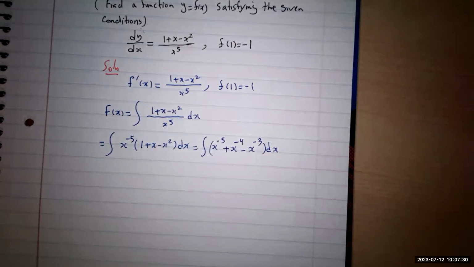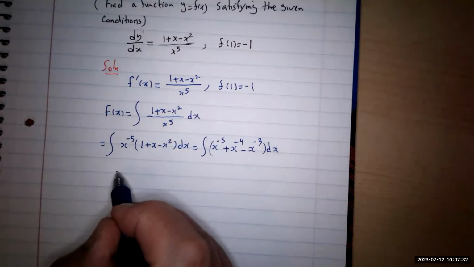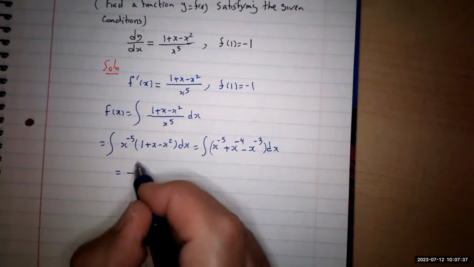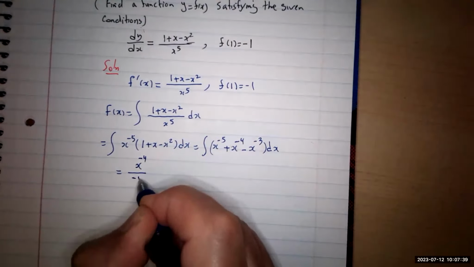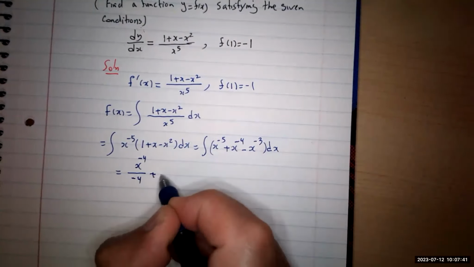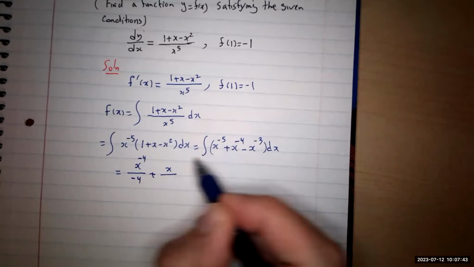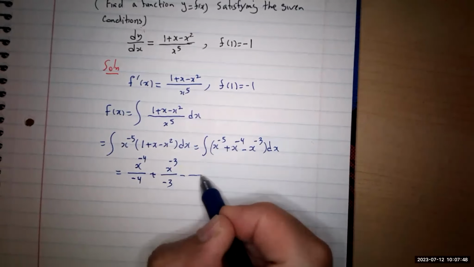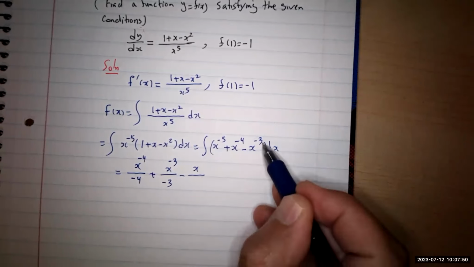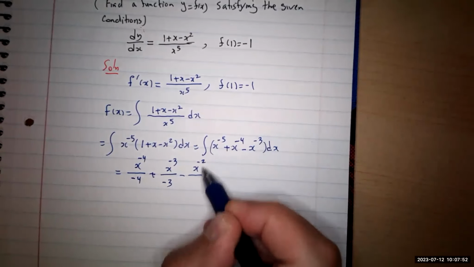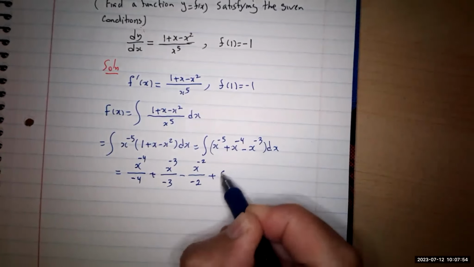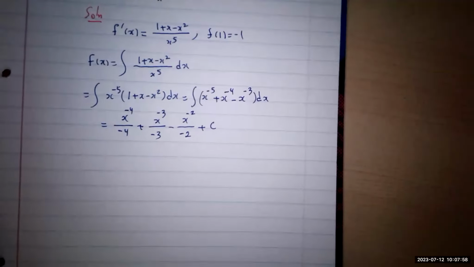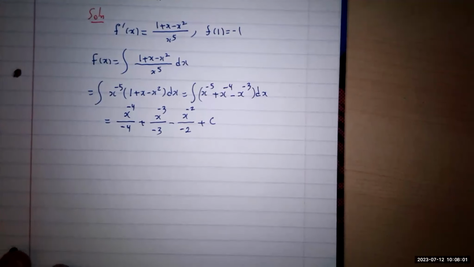Multiply all of them. Now go ahead and integrate with the power rule: x to the -5 plus 1, -4, over -4, plus x to the -4 plus 1, -3, over -3, minus x to the -3 plus 1, -2, over -2. But remember the negative signs. You have to take care of all those negative powers.